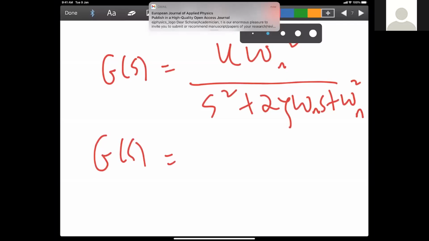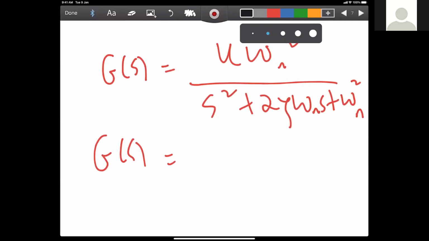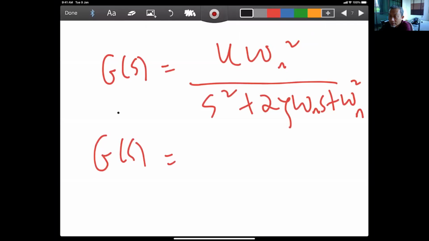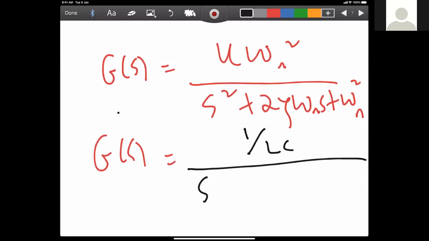Can you please read for me, in terms of R, L, and C? The transfer function, right, sir? 1 over LC over s squared plus, in brackets, R over L, s, plus 1 over LC.